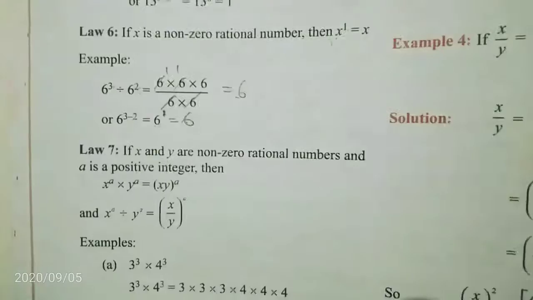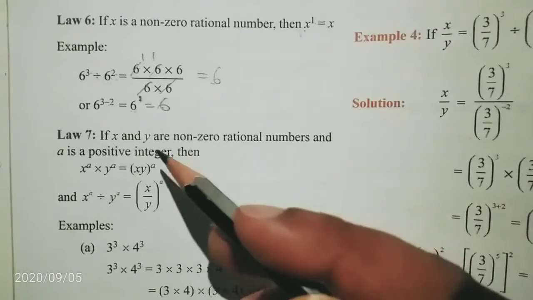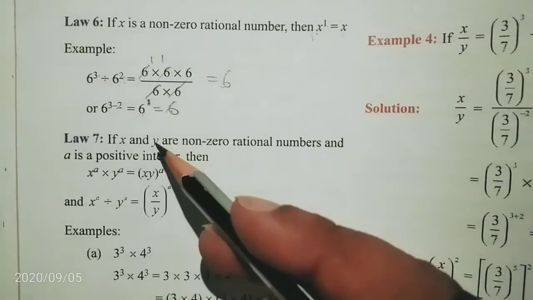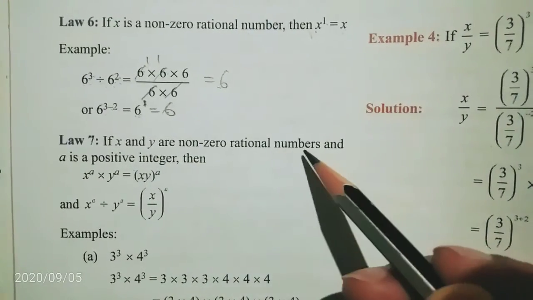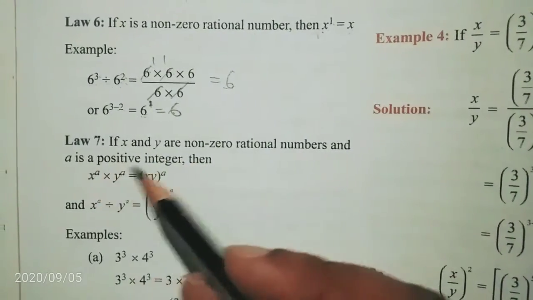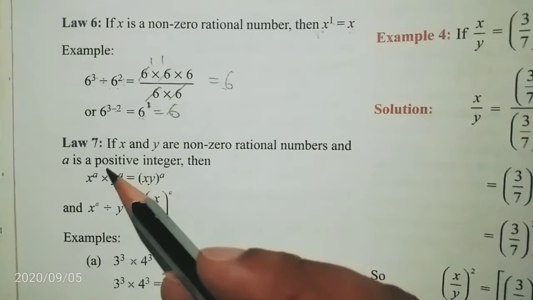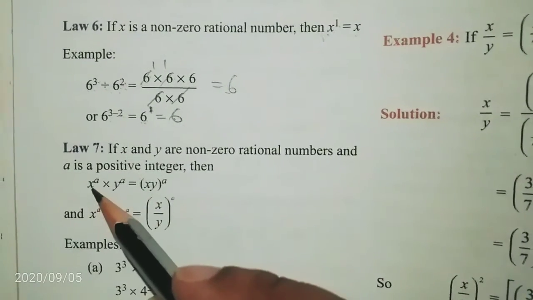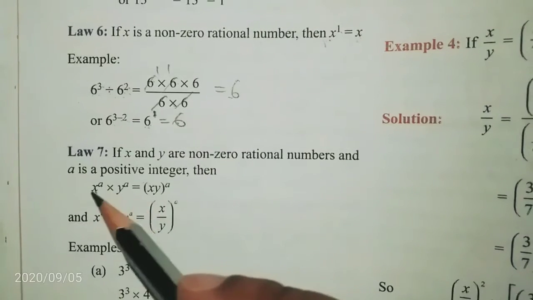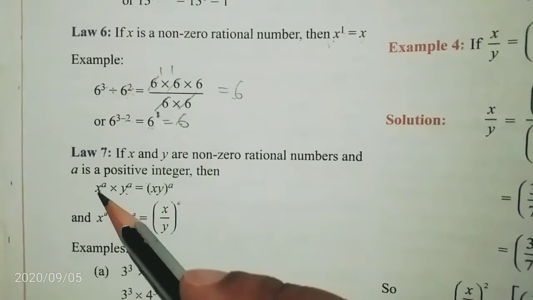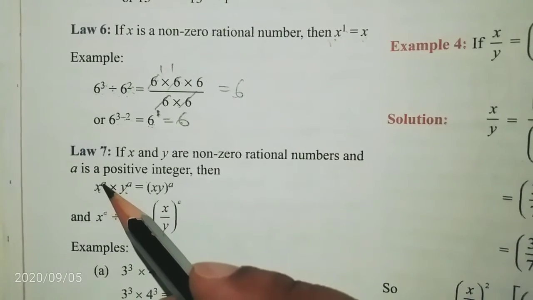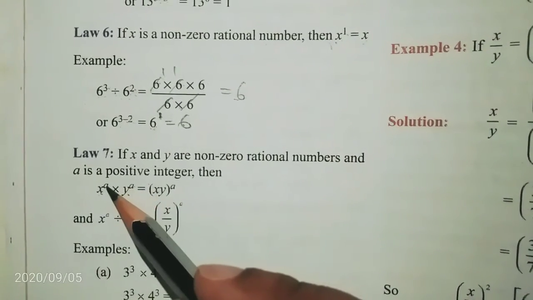Now next, law 7. If x and y, you can see two variables are there, x and y are non-zero rational numbers, and a is a positive integer. Then what happens? Here the bases are different. There are two different bases, x and y, no same base, but the powers are the same, a and a.